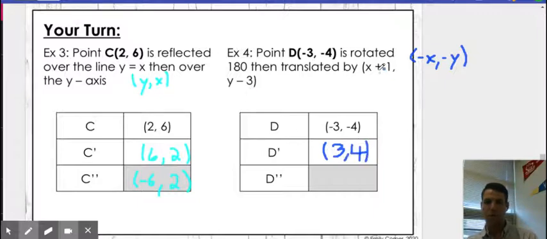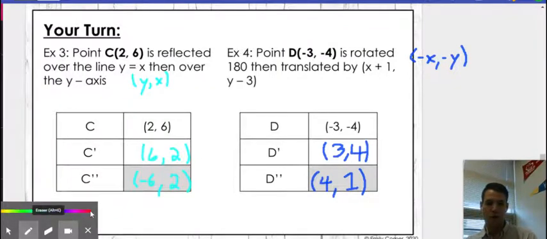And then I'm going to move them right 1, putting us at 4 for the x-axis, and down 3, which will put us at 1 on the y-axis. So for both of these, we've kind of used our points to our advantage, because we have x comma y to start with here.